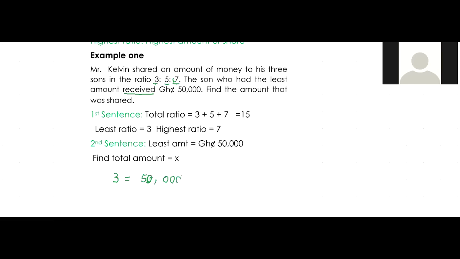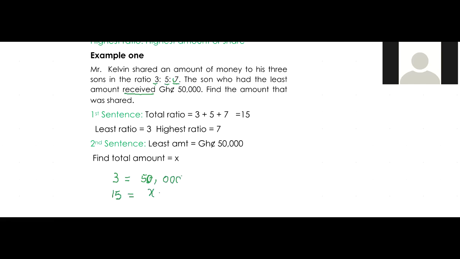So I want to find for the total. Make sure that wherever you put the ratios, you map the ratios at that same end. It's equal to X, which is the amount you are looking for. So realize that I map the ratios under the ratios at one side and the money also at another side.